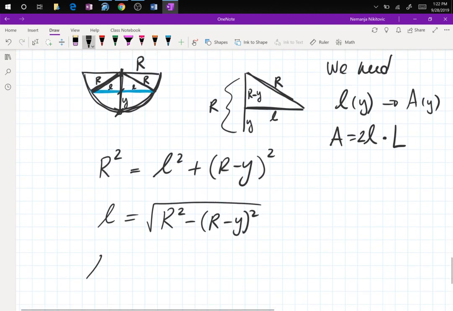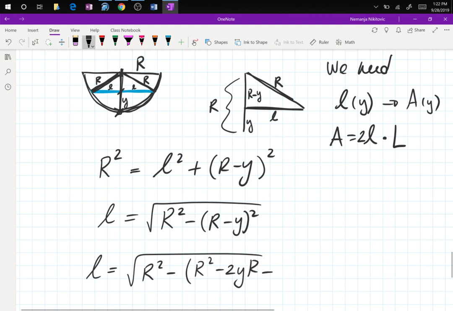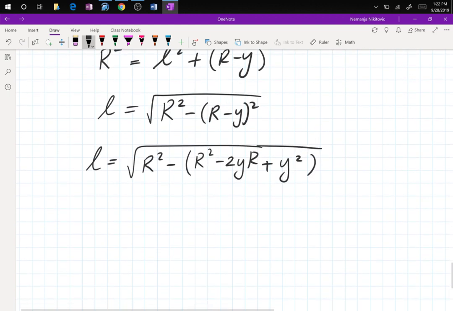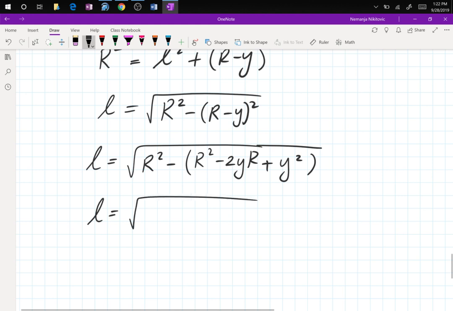And then you work that out to get R squared minus, when you square it, R squared minus 2YR plus Y squared. And then when you cancel, R squared minus R squared cancels, and you just get l equals the square root of 2YR minus Y squared. Again, this is not for the test, this is just for fun. Right, and we have l.